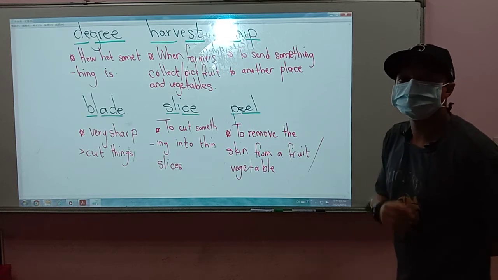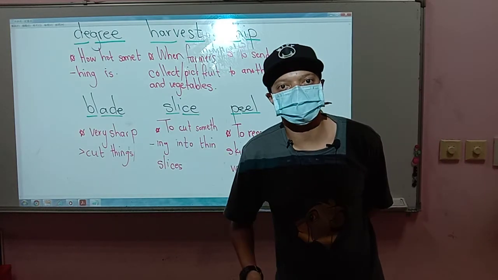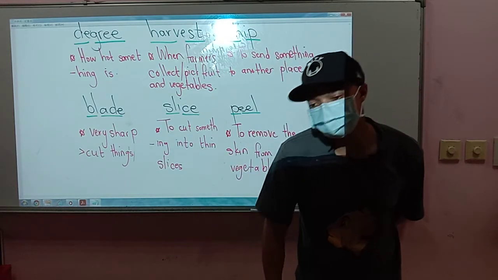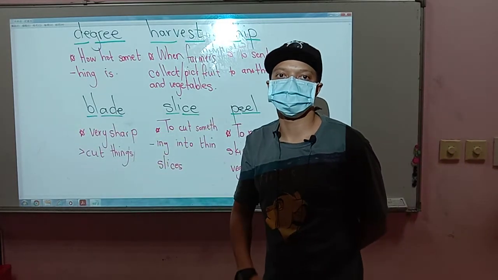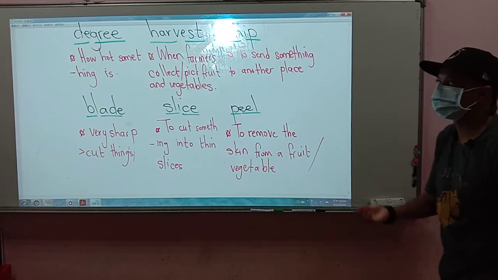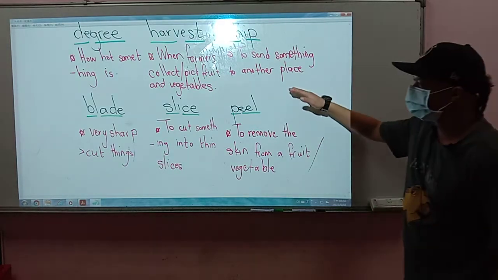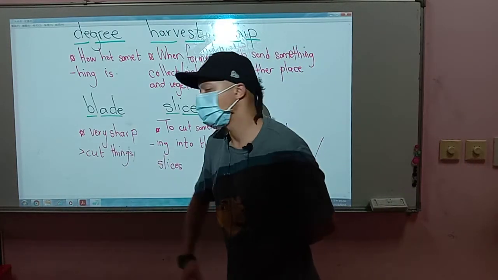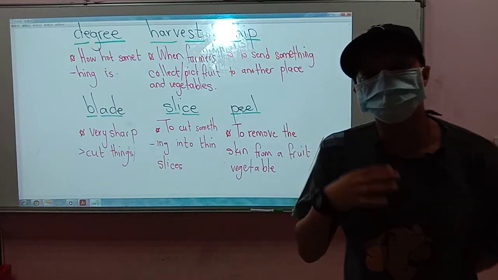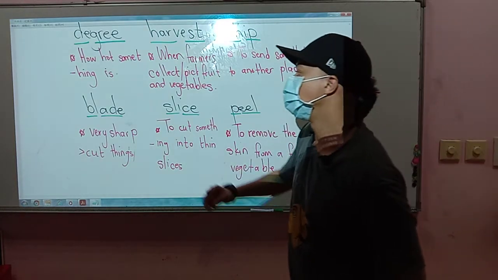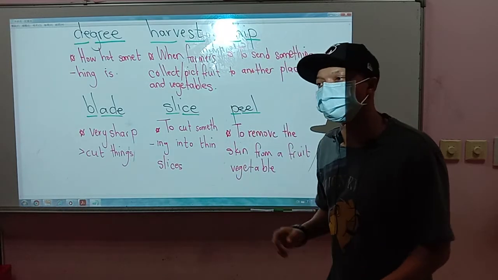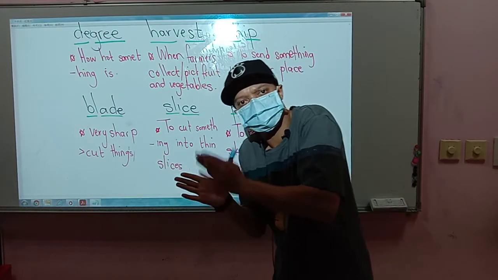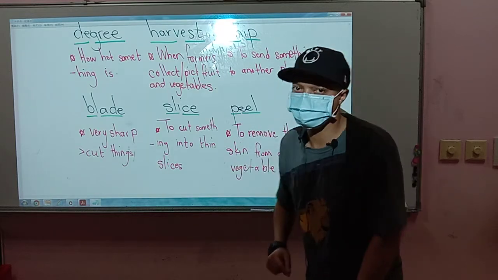Think about something you can ship to Japan from Taiwan, something that I can have in Taiwan that they don't have in Japan. Next, blade, very sharp. Think about something that you need a blade to cut. You cannot cut it with anything else. You need a blade to cut it into thin slices.